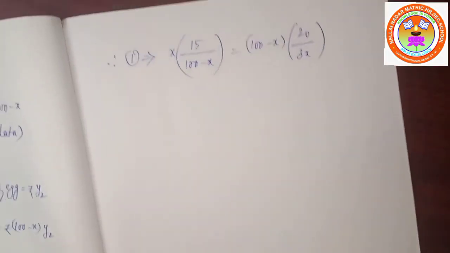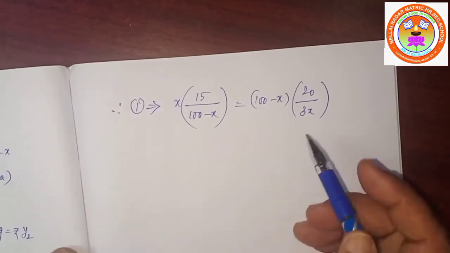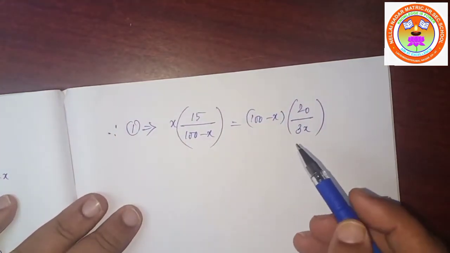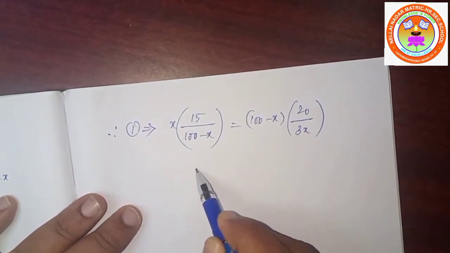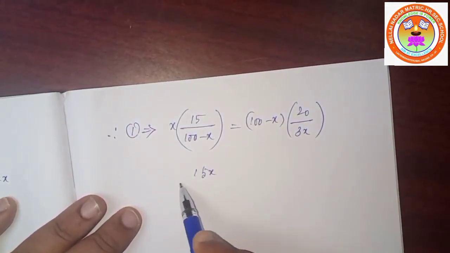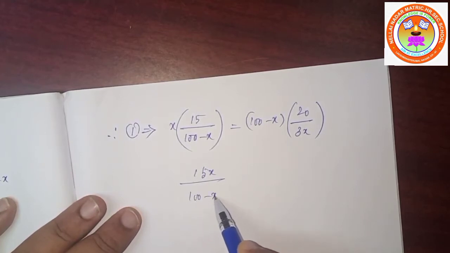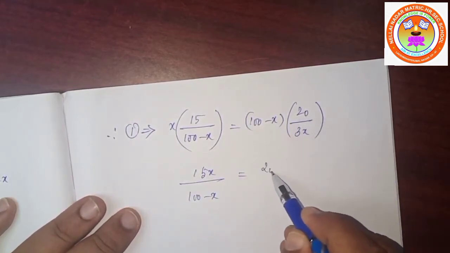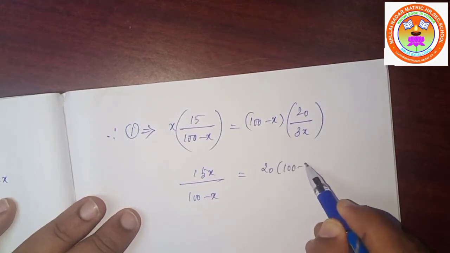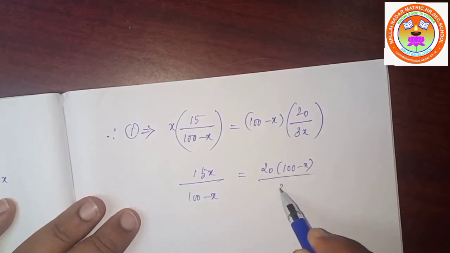We have to simplify. Here 15 into x, 15x divided by (100 minus x), equal to (100 minus x) into 20, divided by 3x.